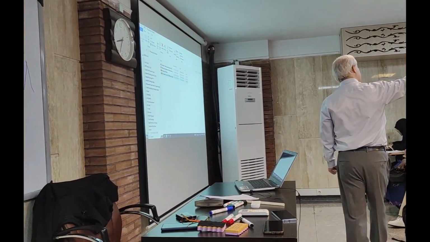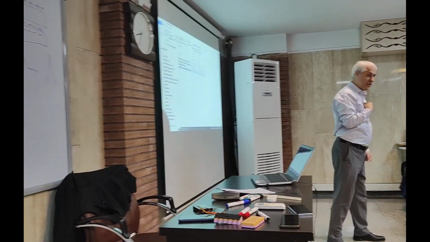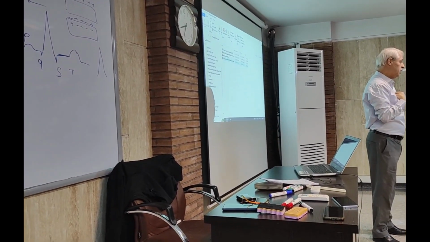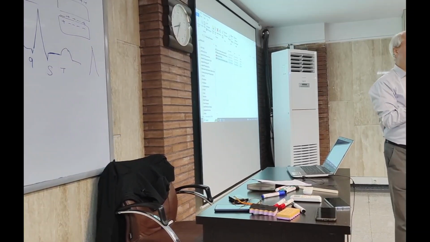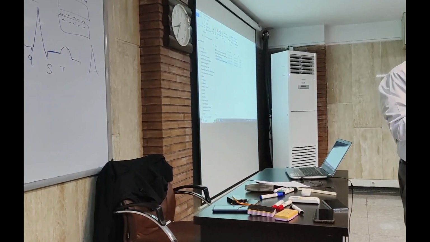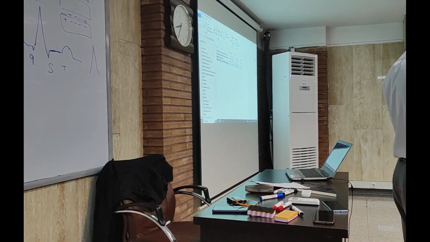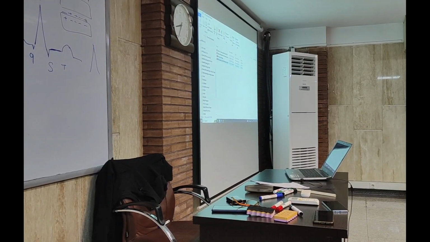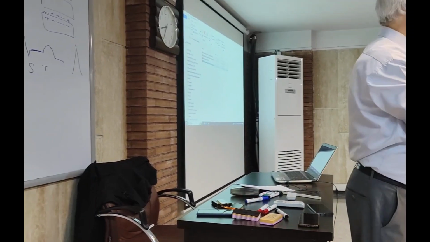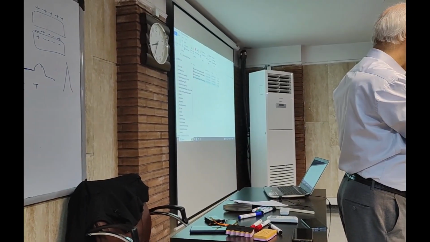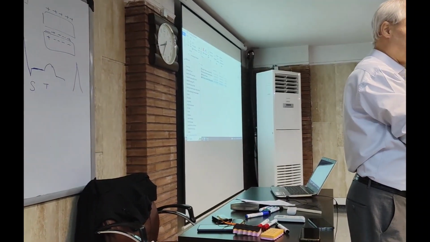Fourth intercostal space at the right sternal border. This is V1 or C1. Fourth intercostal space at the left sternal border. This is C2 or V2. Set aside C3. Put C4 at the mid-clavicular line at the intersection of the fifth intercostal space.